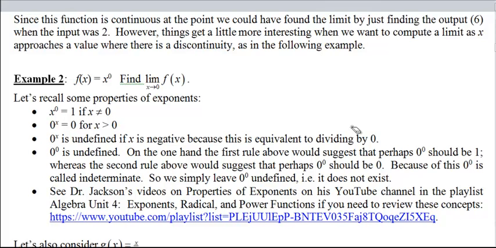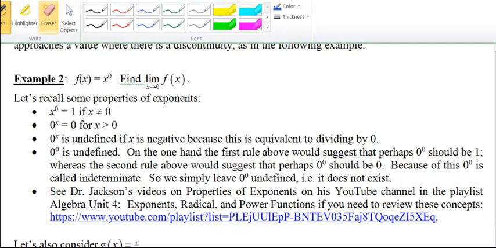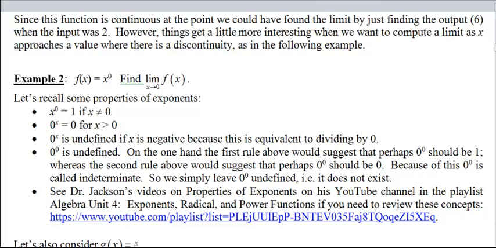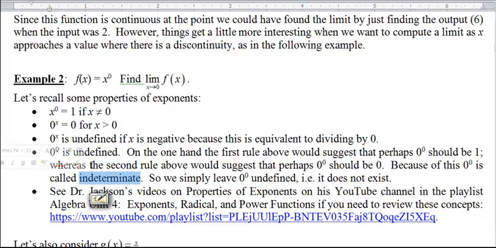And because of this, we say that 0 to the 0 is indeterminate. It's the word that we use for that. And if it's indeterminate, that means it's undefined. We just simply leave it undefined. In other words, 0 to the 0 does not even exist.